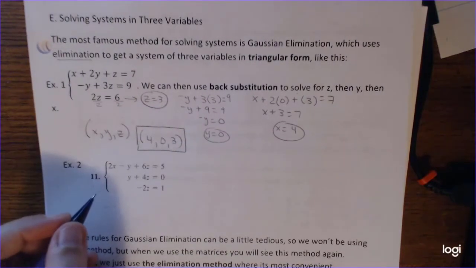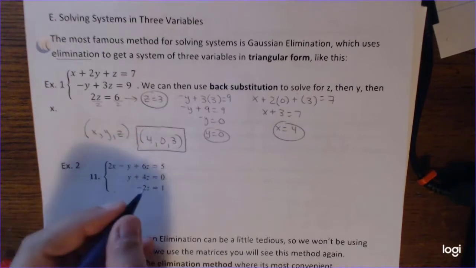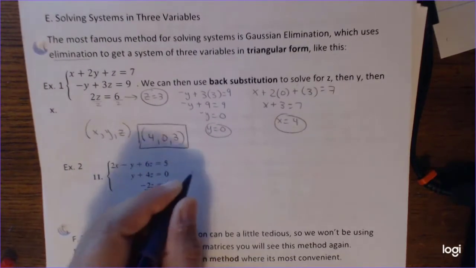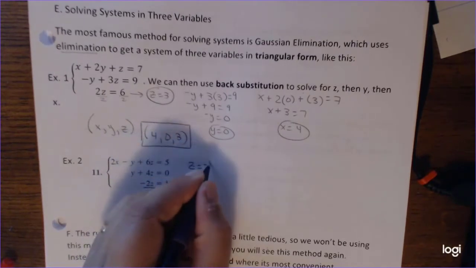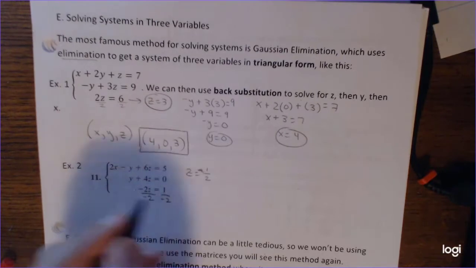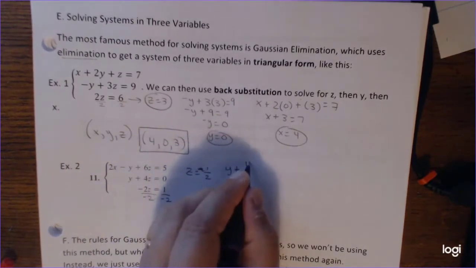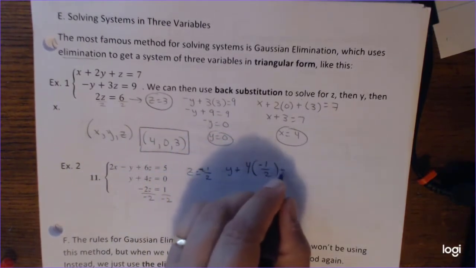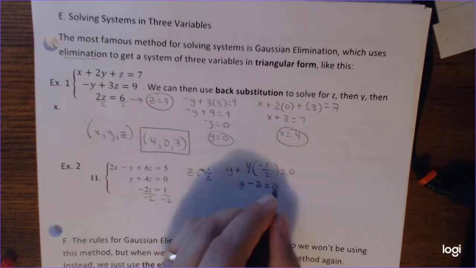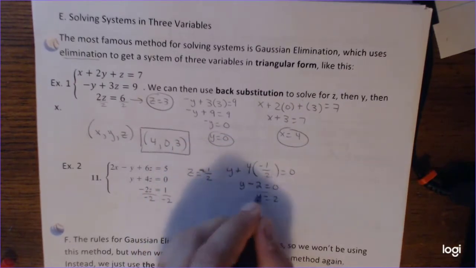Alright, you might want to try this one. I'm going to solve for z. So z is negative 1/2, which means I can use it to find y in the second equation. So that would be 4 times negative 1/2 is minus 2, so y would be 2.